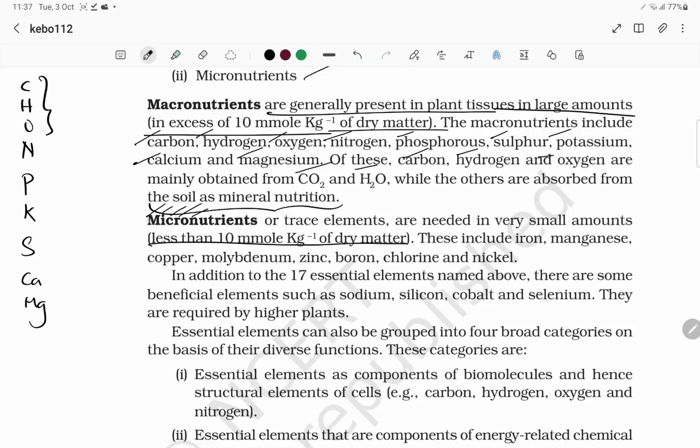So molybdenum, manganese, iron, copper, chromium and B, which means boron, and N for nickel and Z for zinc, which are less than 10 millimoles per kg of dry matter.